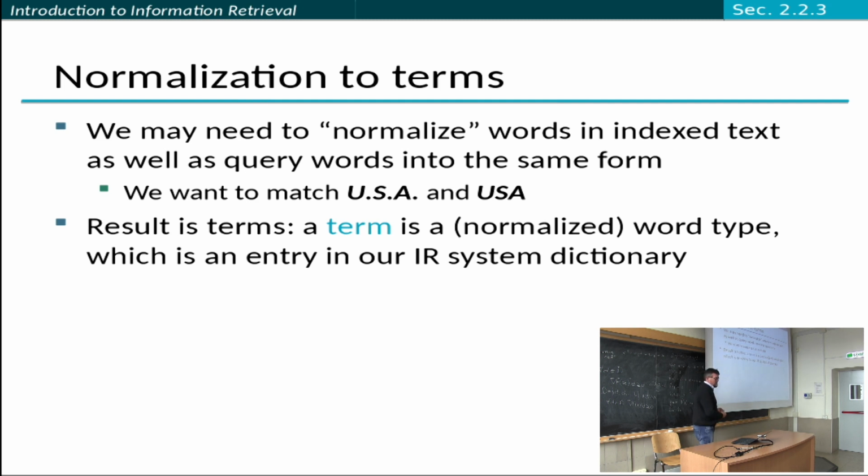And now, a term is a normalized word type, which is an entry in our IR system dictionary. Okay? So finally, after the normalization, we have the terms that are the entries in our dictionary.